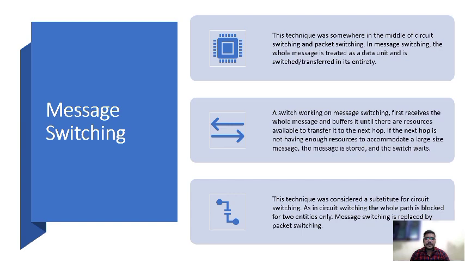Just like in circuit switching, no one can interfere with the connection between any two devices that have established a connection earlier. Just like when I am transferring data to my friend, no third person can interfere with our communication.